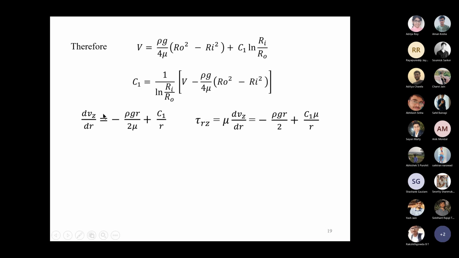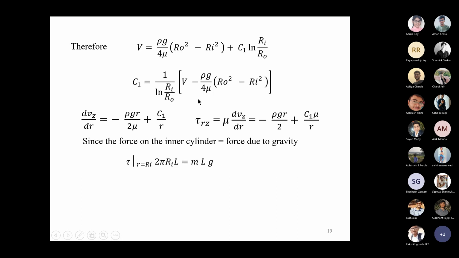So I am trying to find out what is the shear, and assuming that it's a Newtonian fluid, I can write the expression for shear, which obviously contains C1 that we have evaluated in here. So when we do that, tau at the inner cylinder is equal to the mass m times g.